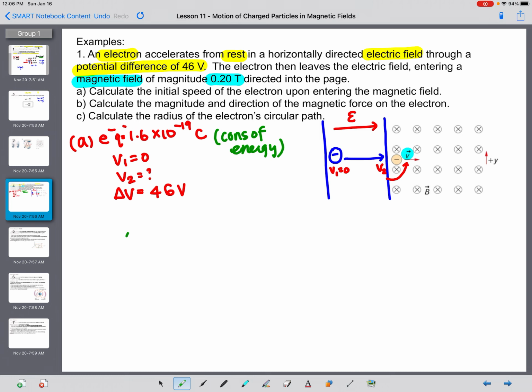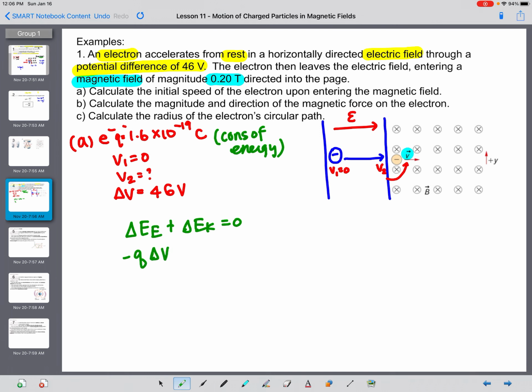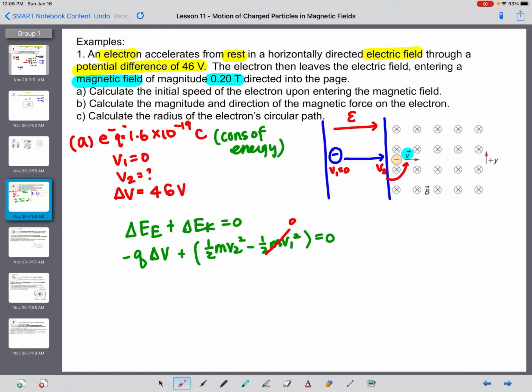Okay, so we have to go back to your equation sheet. I know that delta E plus delta EK is equal to 0. And negative q delta V is equal to, I'm going to say, 1/2 mv2 squared minus 1/2 mv1 squared. That is the change in kinetic energy. All right, so I have my 1.6. I'm going to plug everything in. So V1 is 0, so that's gone.